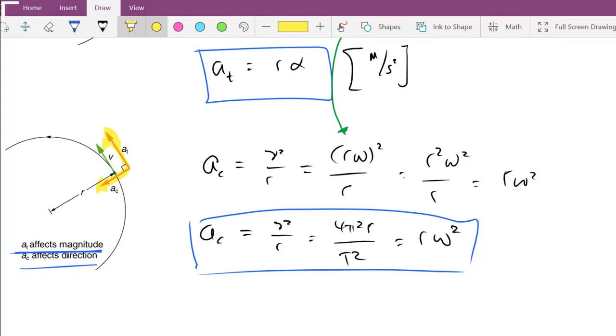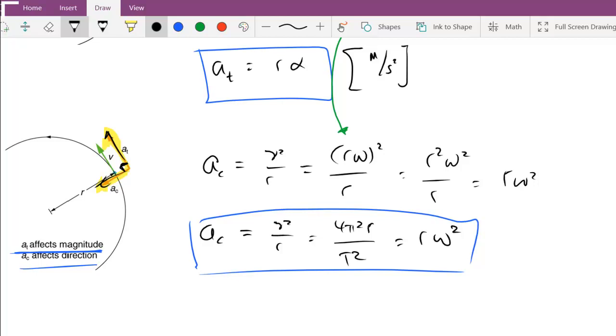The centripetal, also known as the radial acceleration, always went along a radial line, and the tangential acceleration always goes along a tangent line. And by definition, the tangent line is perpendicular to a radial line, and so we actually have perpendicular components of acceleration.